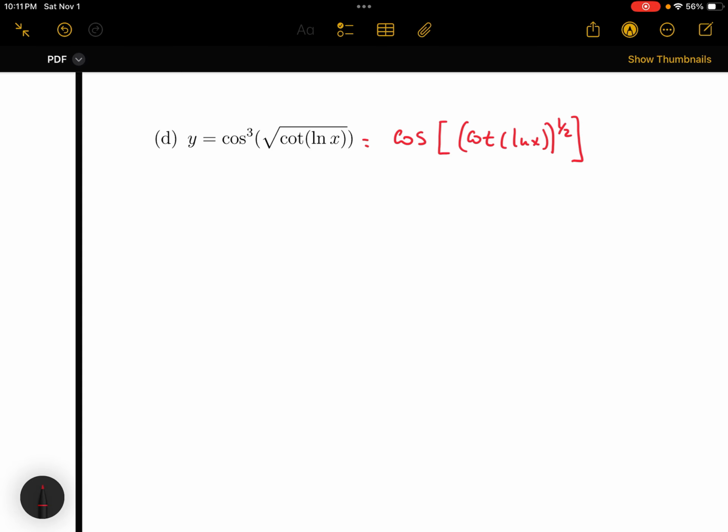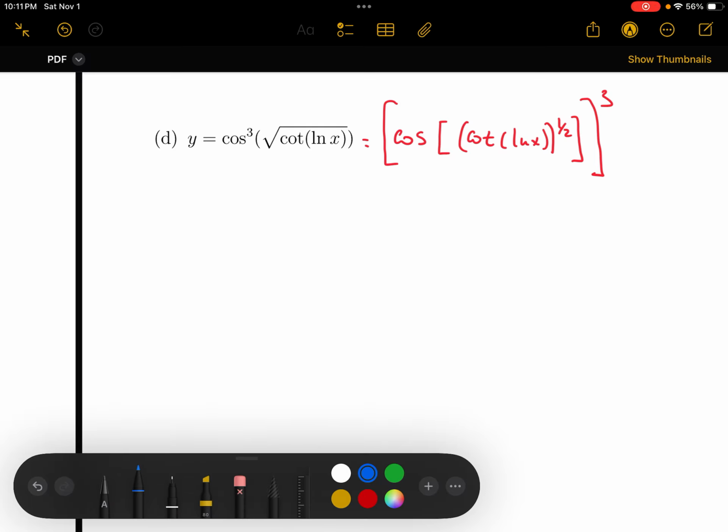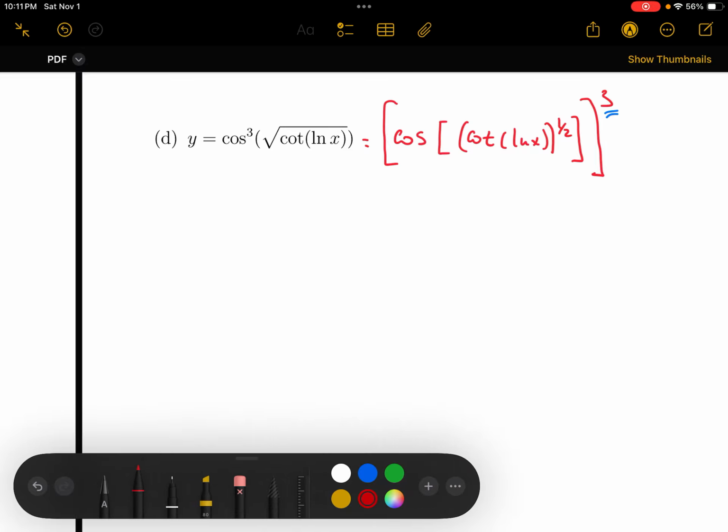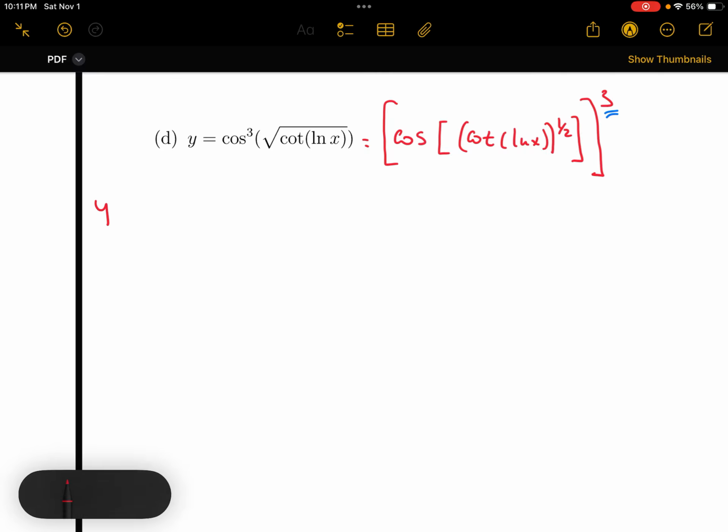That's the root. And then the whole function here is raised to power 3. And now it's more clear what is going to be the outside function, and then in each step we're going to find the derivative of the more embedded function. Okay, so let's start from the beginning.